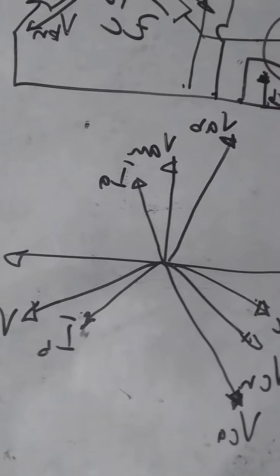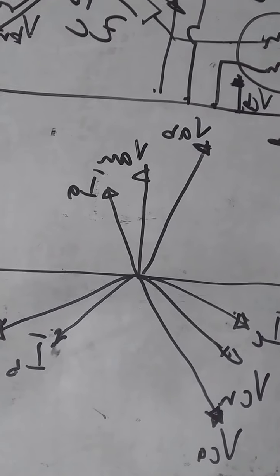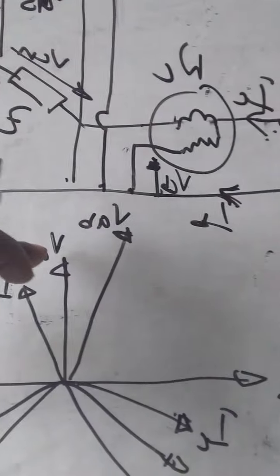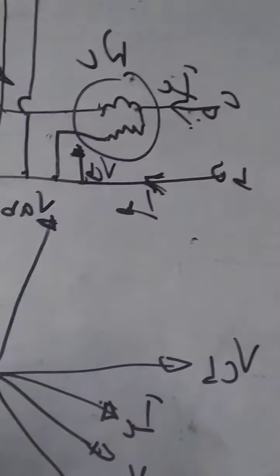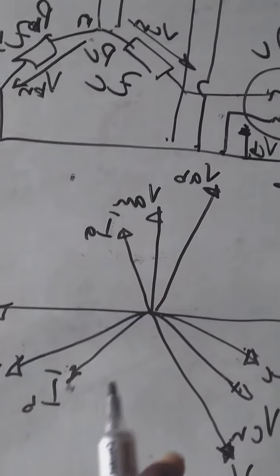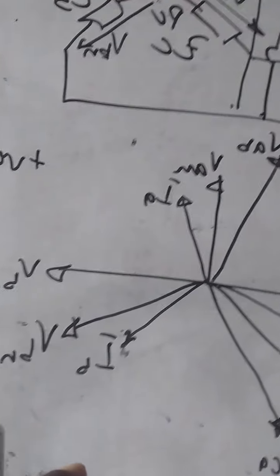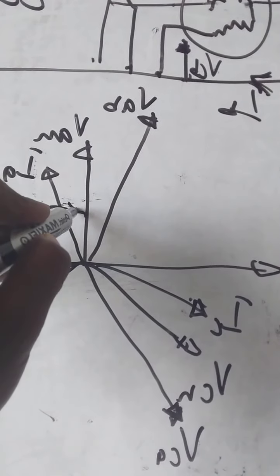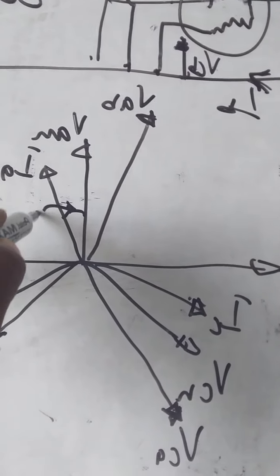Now, this is the phasor diagram that I talk about, that is VAN, VBN, VCN. The direction of rotation here indicates that it is positive phase sequence, where IA lags VAN by angle phi.